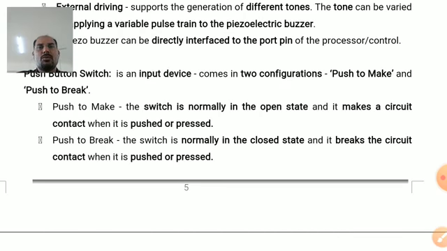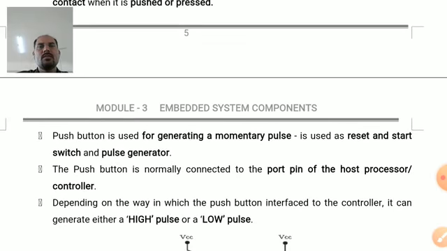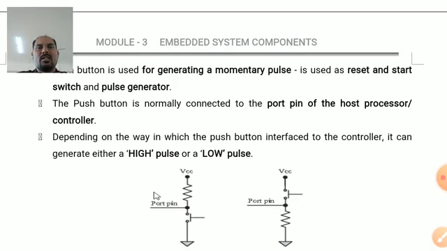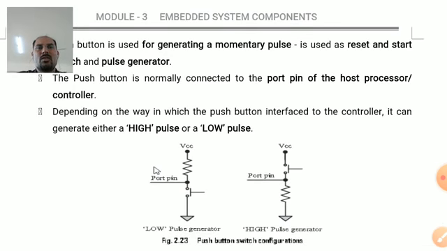Whereas in push to break, the switch is normally in the closed state, and when we press or push the button, it breaks the circuit contact. Push button is used for generating a momentary pulse, for generating reset and start switch, and as a pulse generator. Normally it is connected to the port pin of the processor or controller.